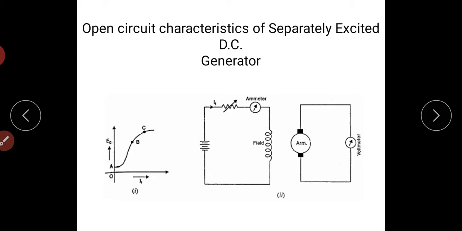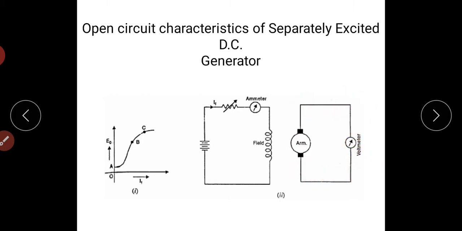The open circuit characteristics of a separately excited DC generator. This is the circuit diagram to draw the OCC. Here the field winding is connected to a separate DC source, or the field winding is excited by a separate DC supply, so it is called a separately excited DC generator. This is the armature, and across the armature a voltmeter is connected.